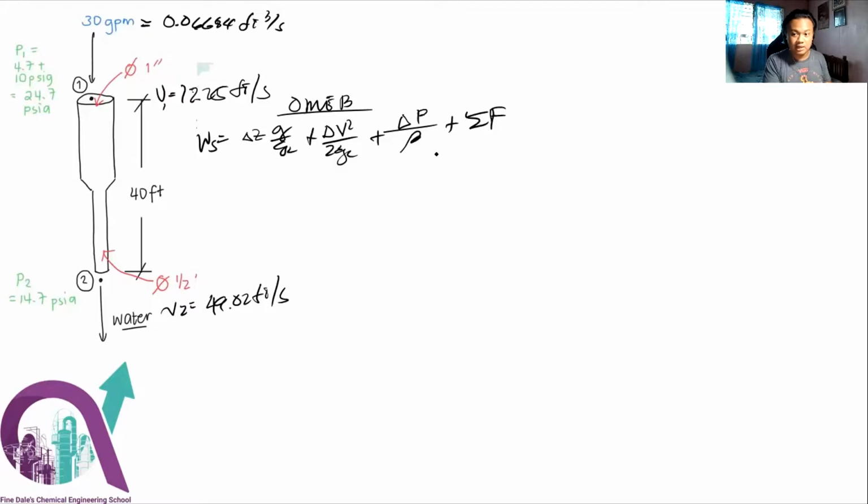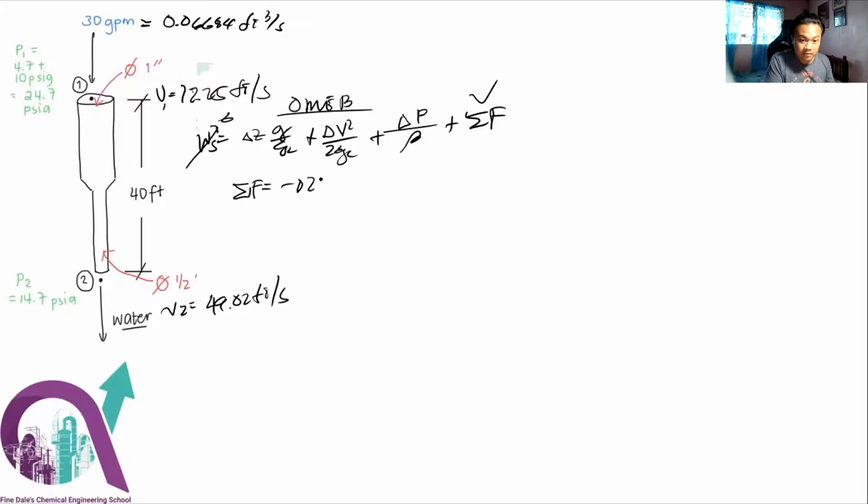Okay, and we're asked to find the friction, and we have no shaft work because we have no pumps. We have no moving parts, no turbines, no compressors. Okay, so let's move this to the other side of the equation.